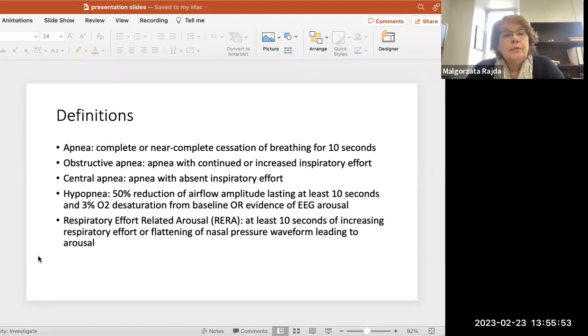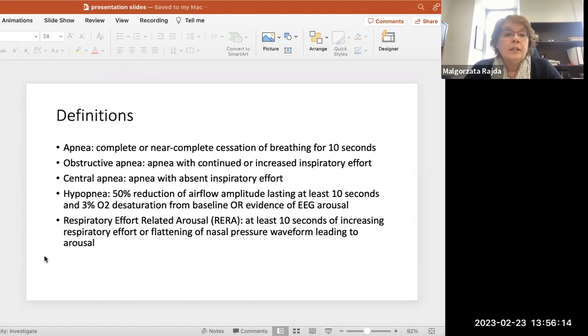And also not to forget that central apneas are quite a common phenomenon in patients with chronic pain who are using opioid medications. Now, hypopnea is a reduction of the breathing, reduction of the airflow of at least 50%.